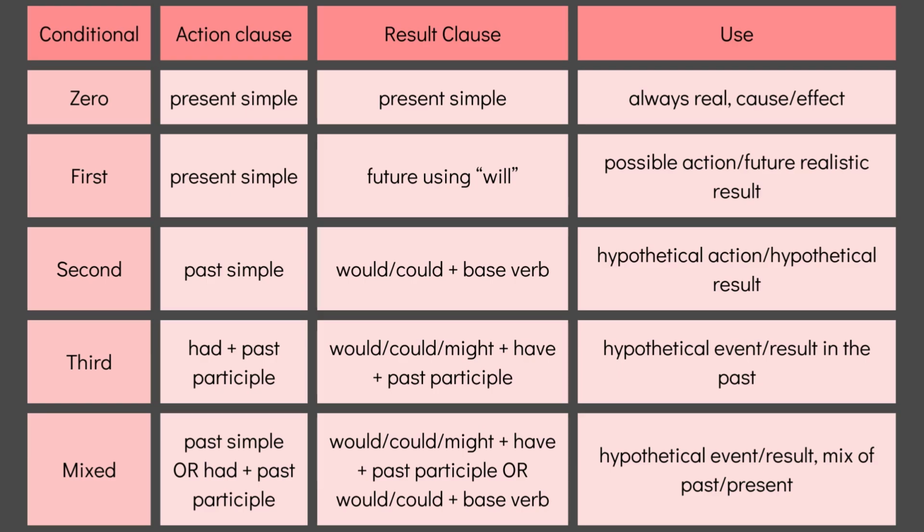It will have either would, could, or might plus have plus a past participle, or it will have would or could plus a base verb. We use mixed conditionals to talk about hypothetical events and their results, and we use a mix of the past and the present.